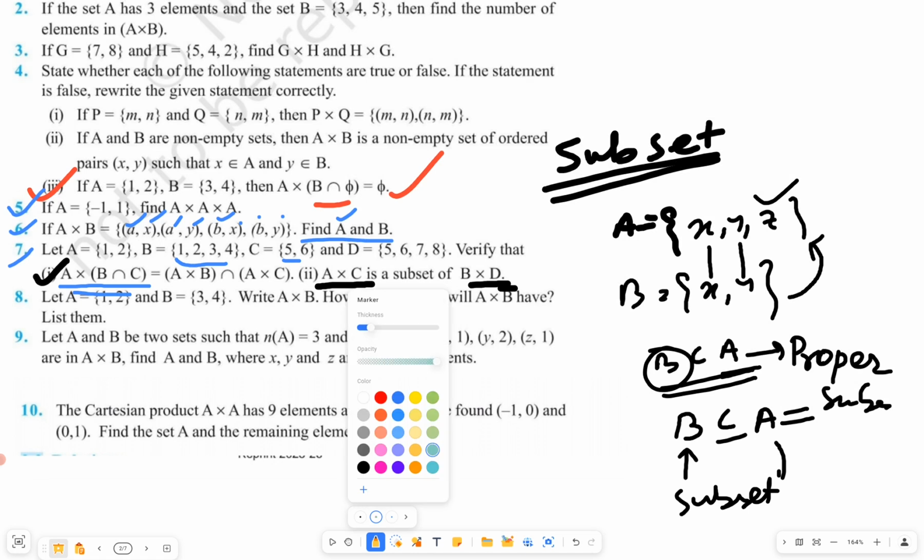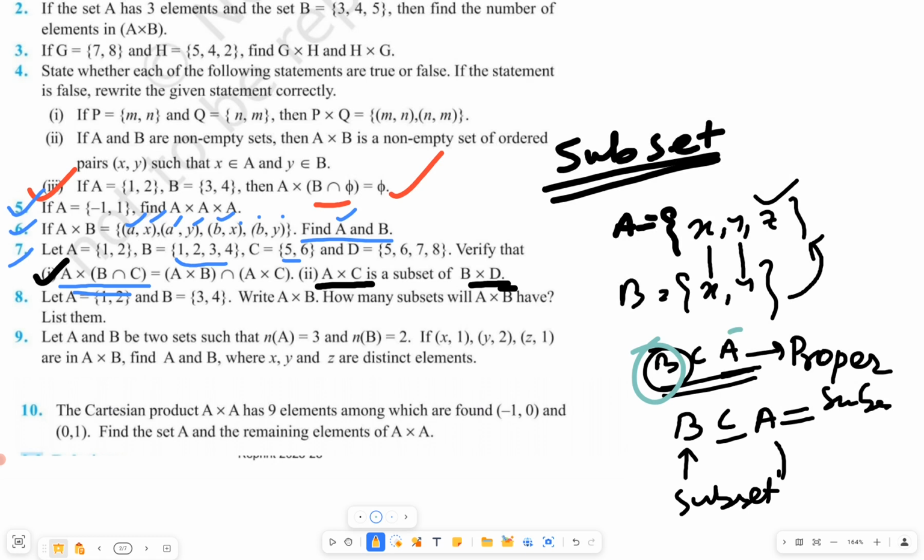Obviously B has at least one less element. And that means in a subset, B and A may be the same, may be equal. OK.